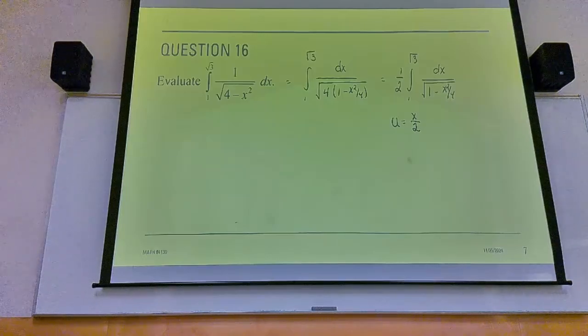If u is x over 2, what is u squared? x squared over 4, which is what we have, right? What's du? Oh, don't we have a 1/2 dx? So why don't I just move that 1/2 inside?